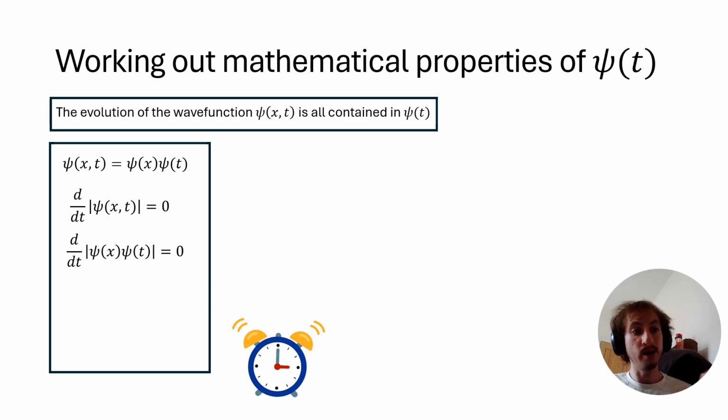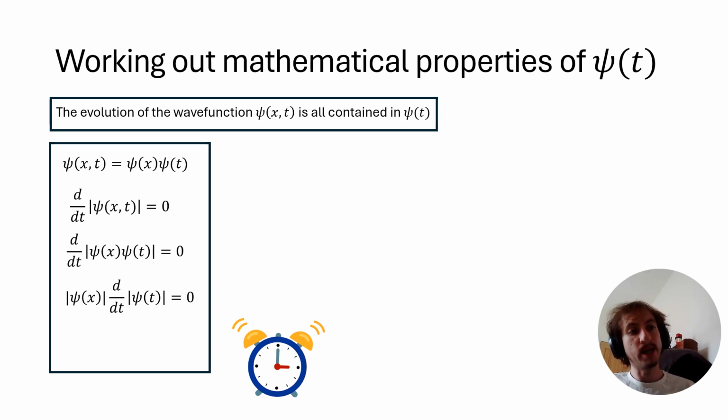Now, our time derivative is going to act on something that varies with time, so it's going to act on psi of t, but psi of x won't really notice this time derivative at all, because psi of x is a time independent part of our wave function, so it's not going to depend on time in any way. And so we can pull that out.